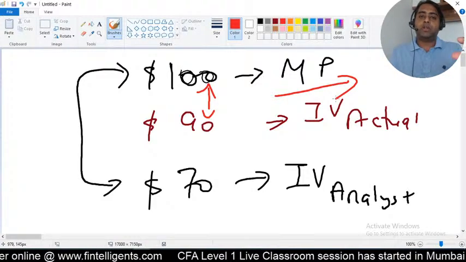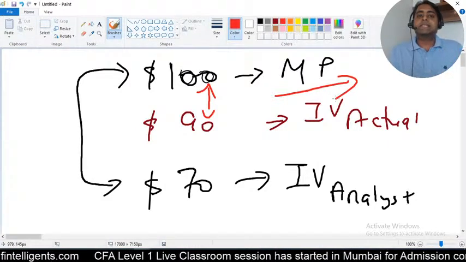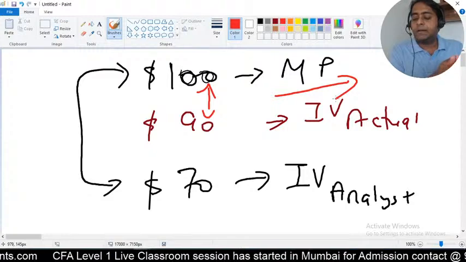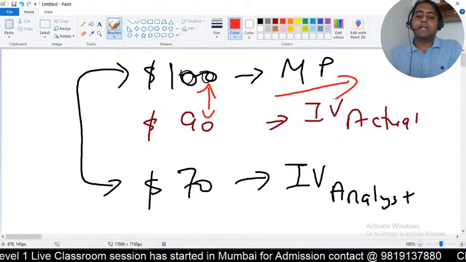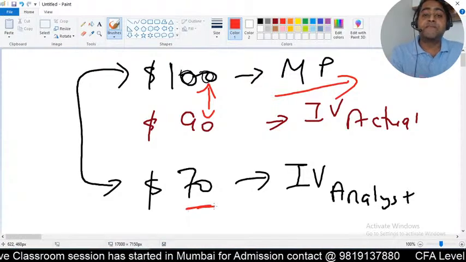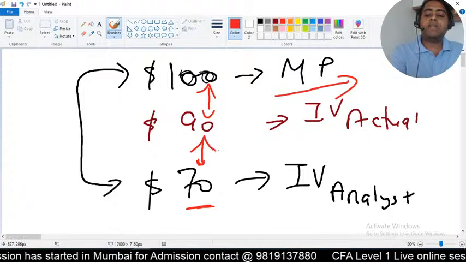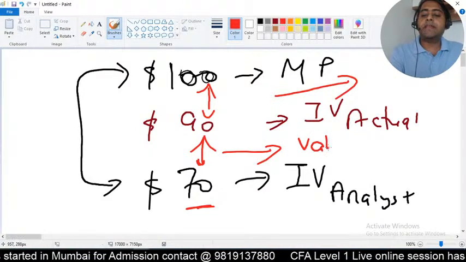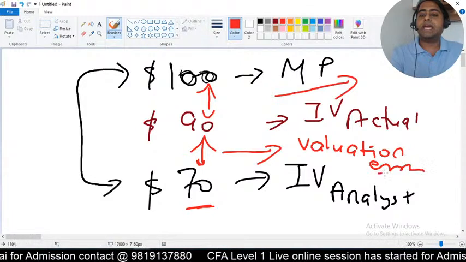So the difference of $10 is where the actual deviation is. But since you are creating a model on the basis of your own understanding, you have calculated an intrinsic value of 70, which is different from the actual intrinsic value. This is where you have made a valuation error.